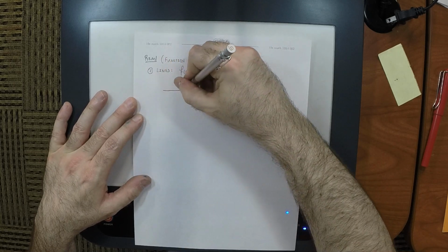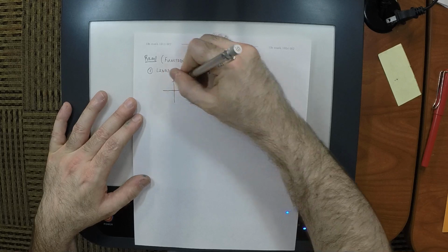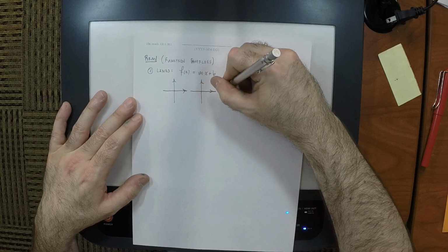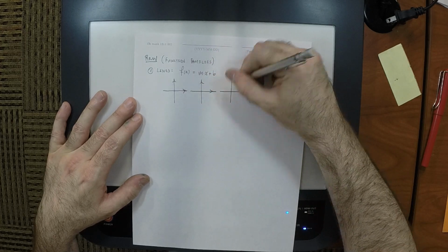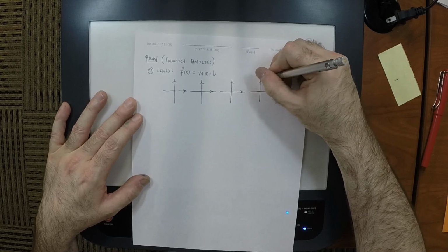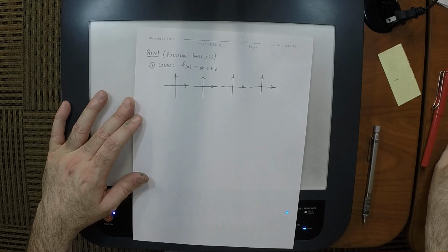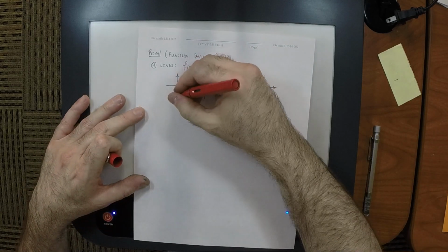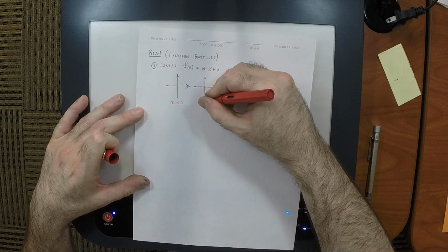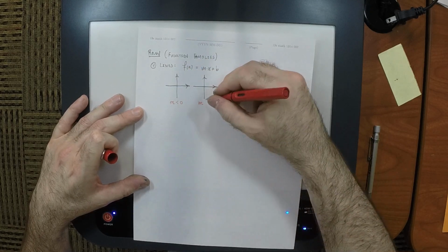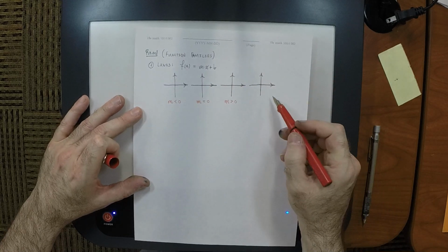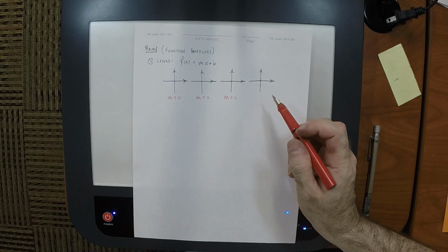So I'll make 4 little axes here. So I'm going to deal with the first 3 and leave the last one for the end. So this leftmost one, I'll say that this is the case when m is 0. This one, when m is less than 0. This one when m is 0, and this one when m is greater than 0. And I'm just leaving this 4th one here for a moment.